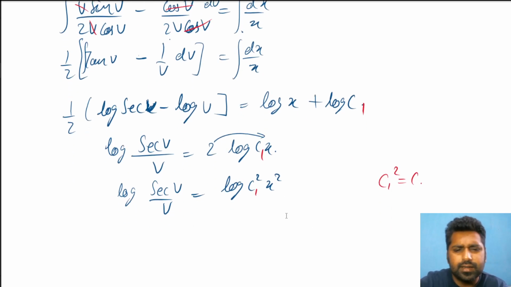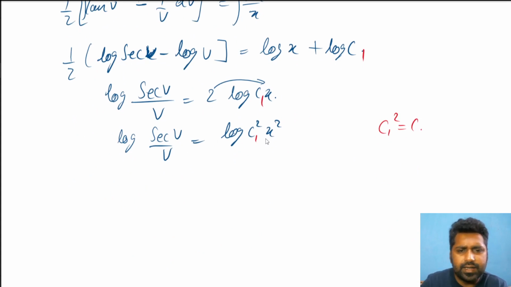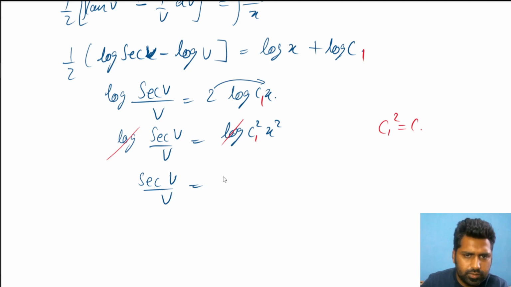There's no point in writing the constant square as such. So the point of writing both as logs is we can cancel the log from both sides. And this becomes only sec v upon v is equal to another constant c x square.